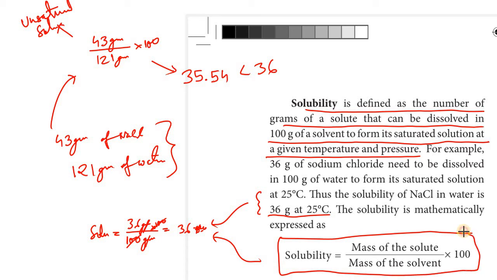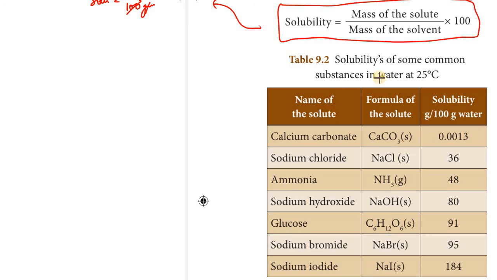Now here you can see the solubility of some common substances in water at 25 degrees centigrade, in grams per 100 grams of water. Calcium carbonate is very low. Sodium chloride is high. Ammonia is high. Sodium hydroxide is again very high. Glucose is also high.